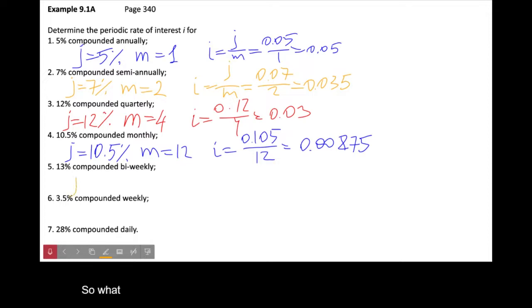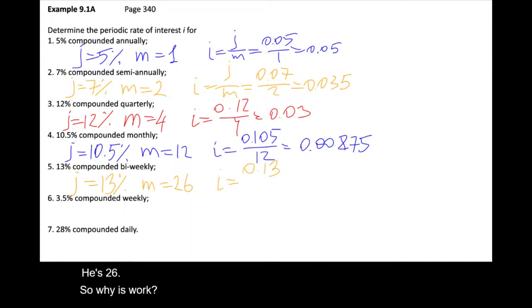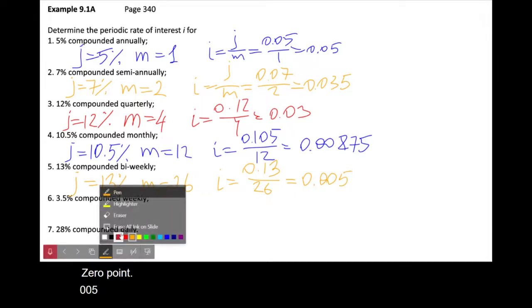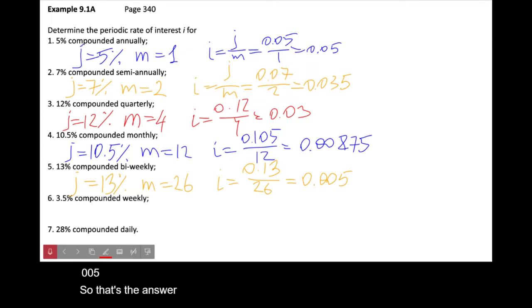Okay, so what I have: J is 13%, M is 26. So I is what? 0.13 over 26, which is 0.005. Okay, so that's the answer for 5. What is 6?